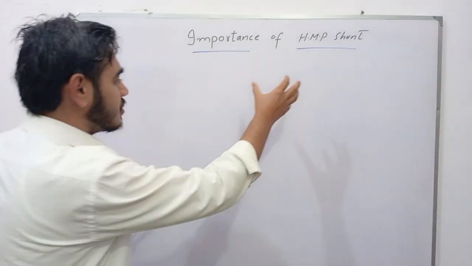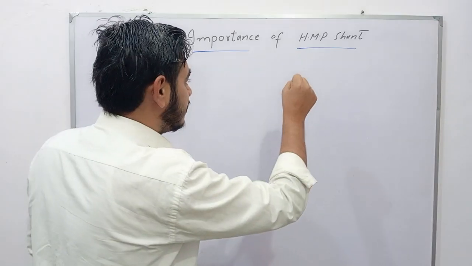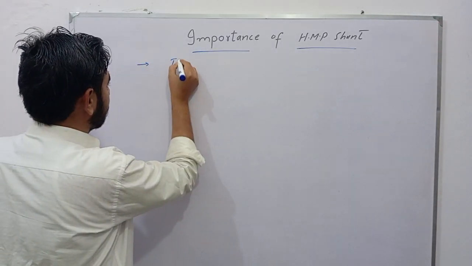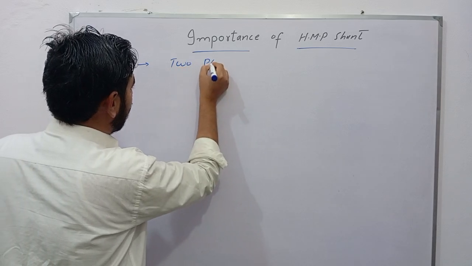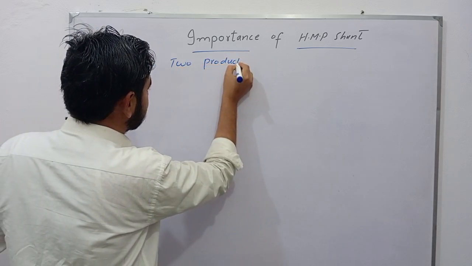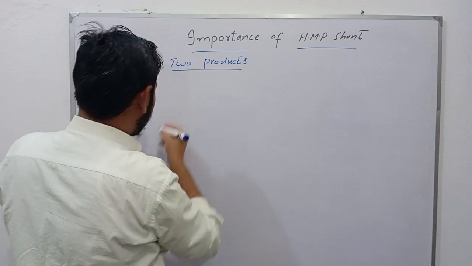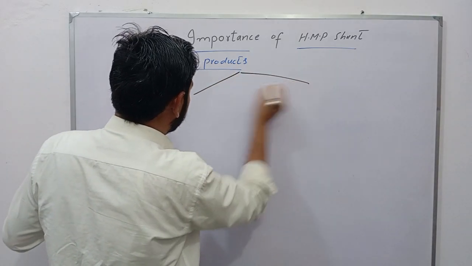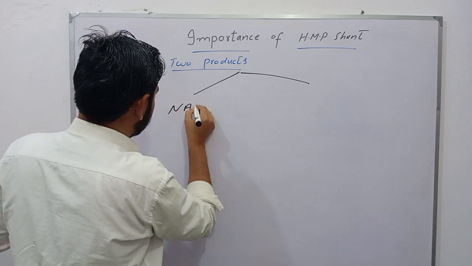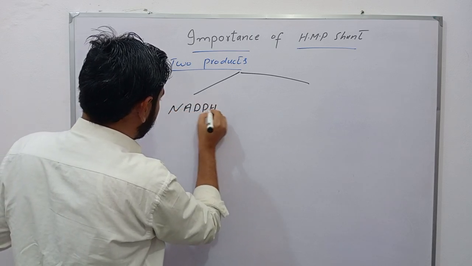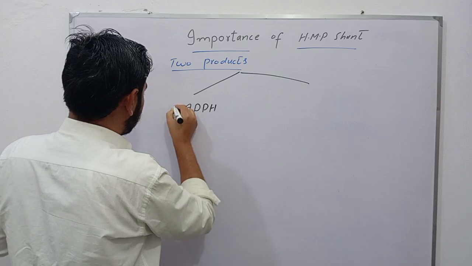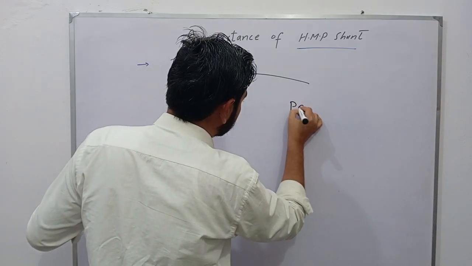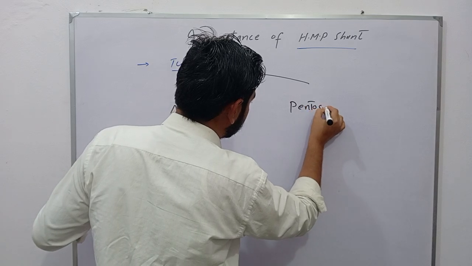This HMP shunt pathway gives two important products, and they are NADPH and pentose sugar.